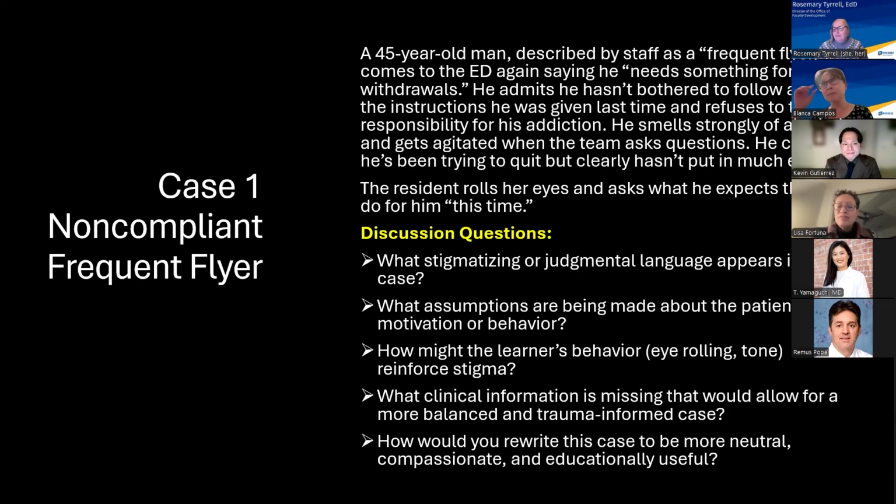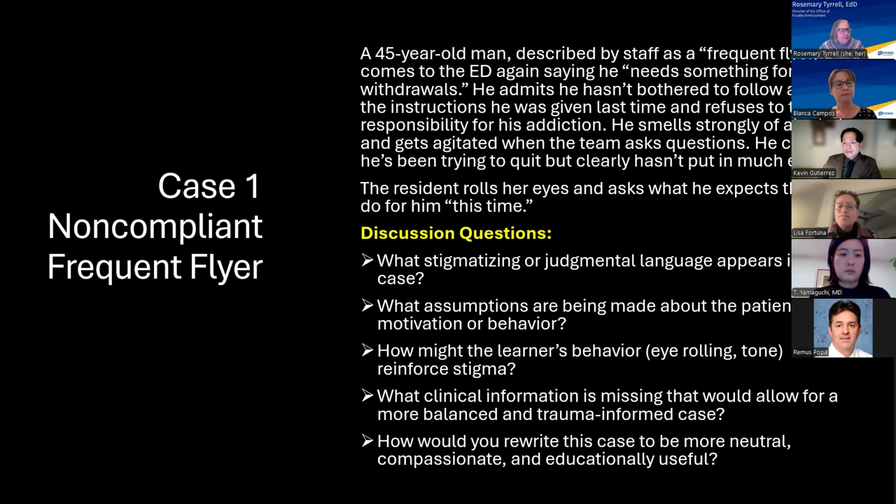Is he maybe coming in because he doesn't have anywhere to live and he's using this as an excuse to have somewhere to stay for a few hours in the ER? There's maybe more that we need to look into in this history and see what the issues are behind this patient's condition before we start saying, oh, he's here just for this. We'll just give him what he wants and maybe send him home, and not really digging more into what's causing this for him.